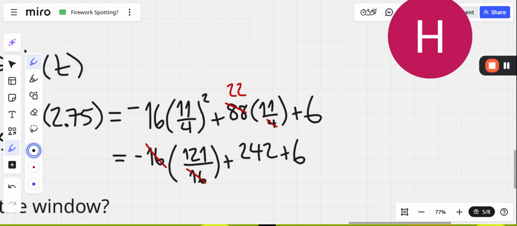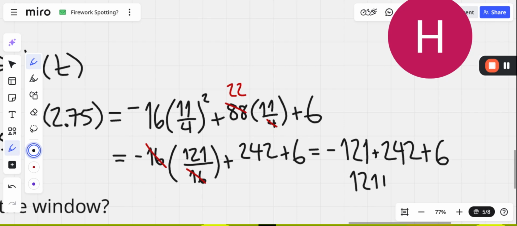Straightforward there. Plus 6. So we're going to end up with negative 121 plus 242, which is just double of 121, actually. So if we have negative 121 plus double of that, we're just going to end up with positive 121 plus 6. Oh, look at that. 127 feet.